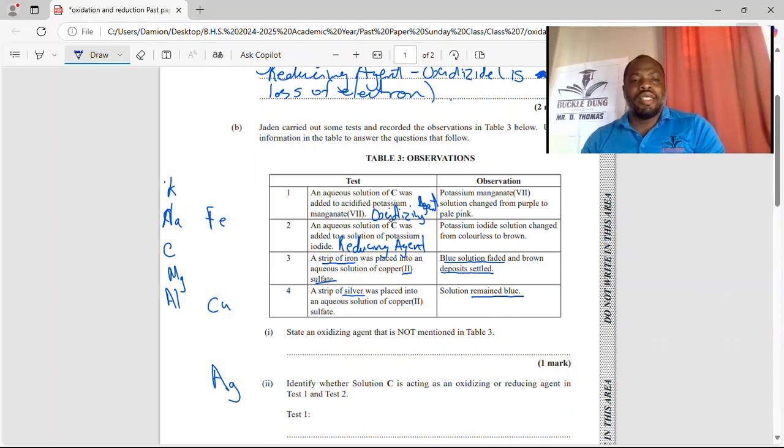it goes like this: Na, calcium, magnesium, aluminum, zinc, lead, sorry, iron is supposed to be above lead.